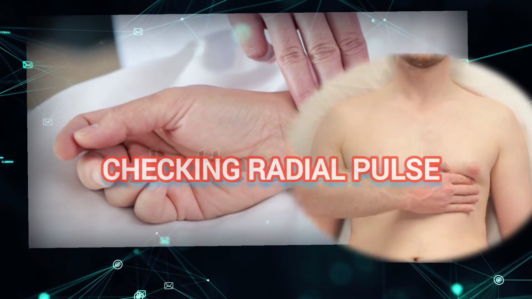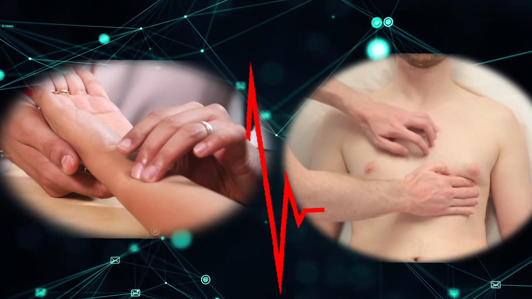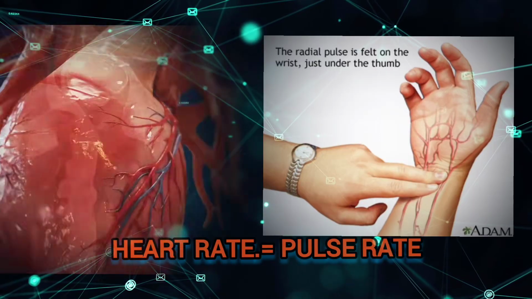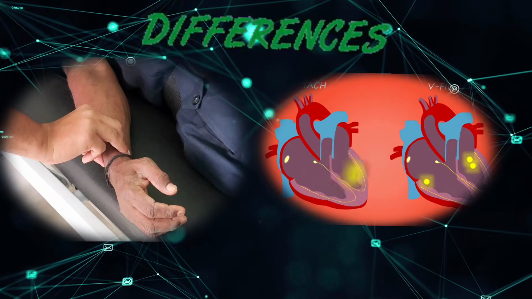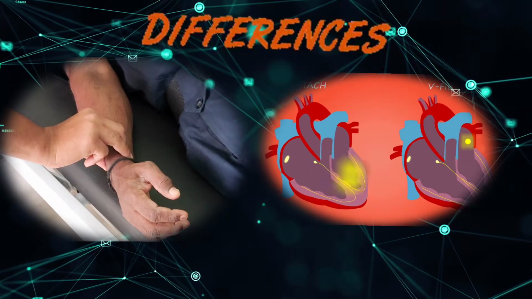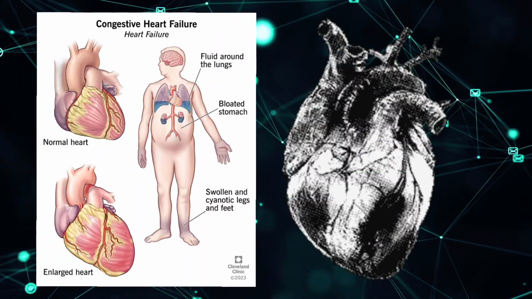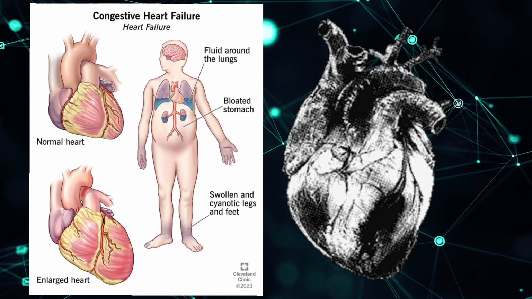If we see the pulsations are coming on both sides at the same time, then the heart rate is equal to pulse rate. If there is any difference on both sides and variation, then this indicates pulsus deficit, which is seen mostly in persons with heart diseases.